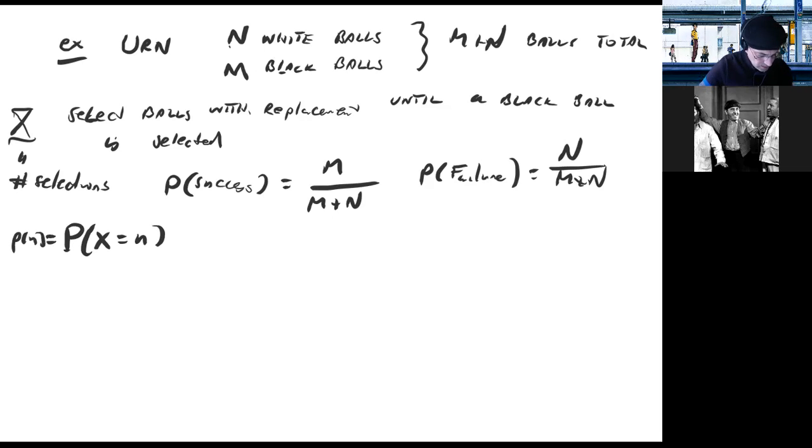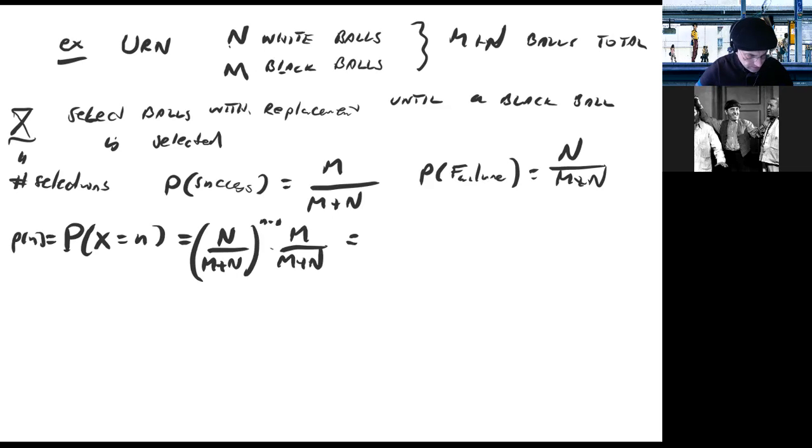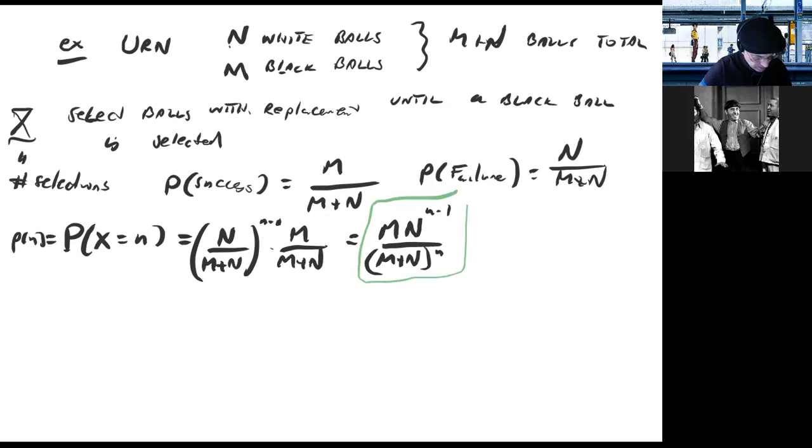Well, first of all you have a bunch of failures, n minus 1 of them, so that would be N over M plus N to the n minus 1, and then we have one success, that would be M over M plus N. With a little bit of algebra, you see that this is the same thing as M times N to the n minus 1 over (M plus N) to the power of n. Let me circle that. That's p of n.